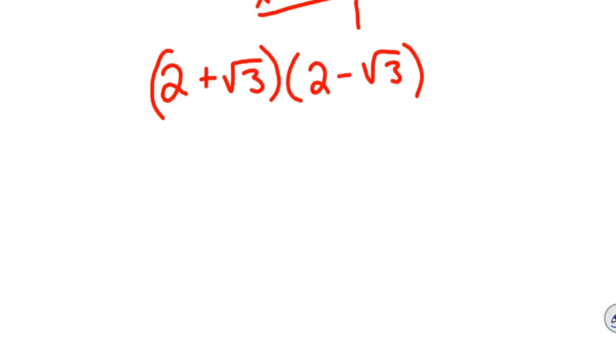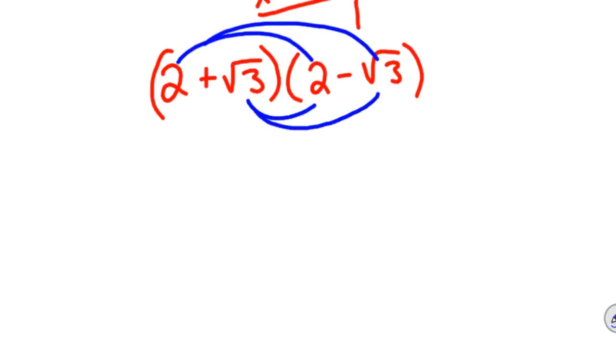You could use FOIL, sometimes that's called, I like to call it distribution. We're going to take this 2 and distribute it through the binomial, and then we're going to take the square root of 3 and distribute it through the binomial. So if you don't have a lot of practice with this, just remember you have to multiply numbers and numbers, roots and roots. Everything else you kind of keep separate.